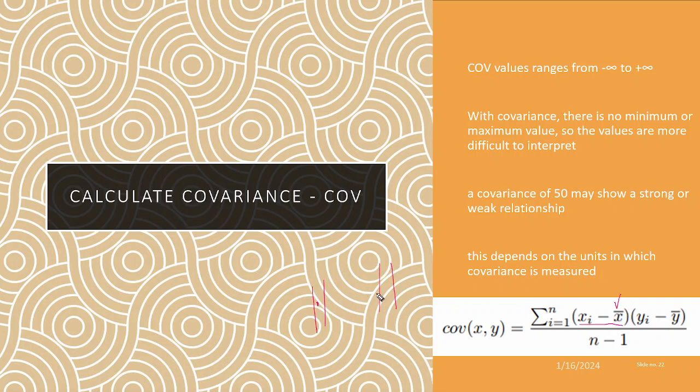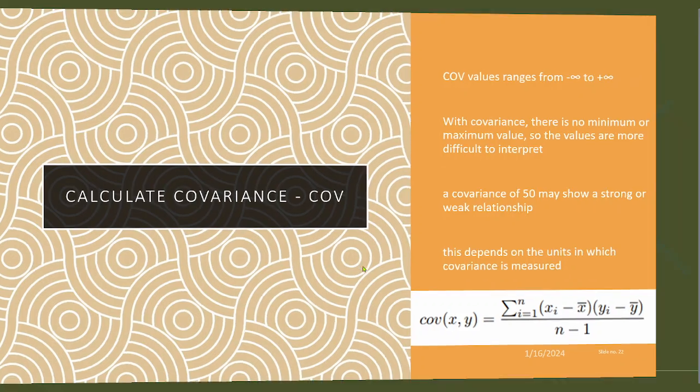We find the mean of both columns and then find the deviation of each point in X from its mean. Similarly, for each point in Y from its mean, and then multiply. So you multiply the deviations of each pair, add them up, and divide by the number of samples. That gives you a scalar or real value called covariance.